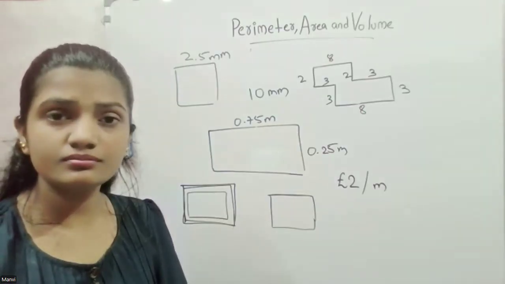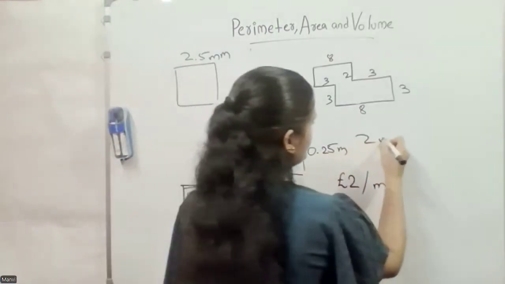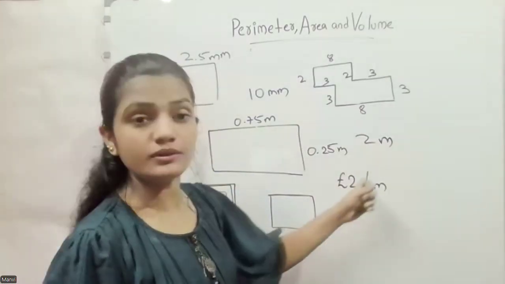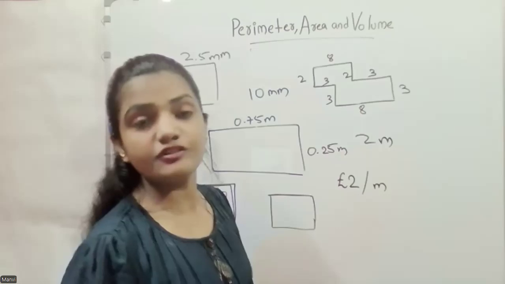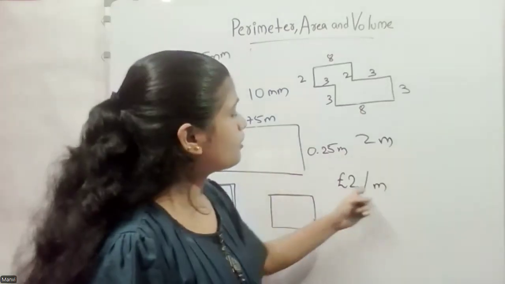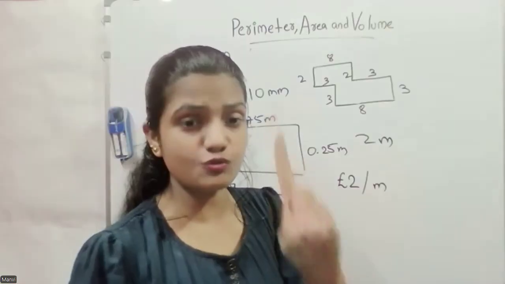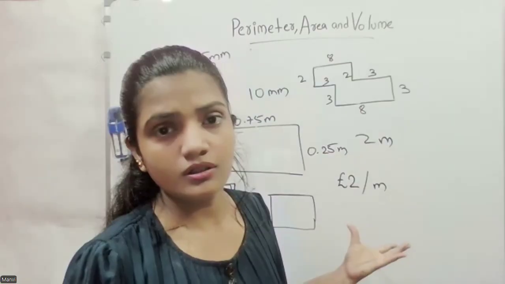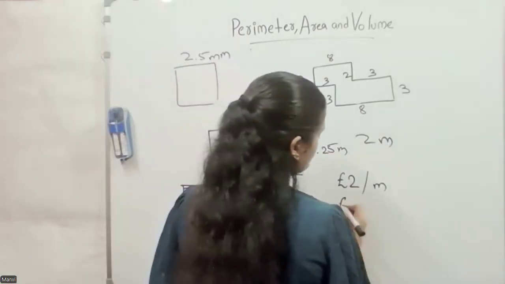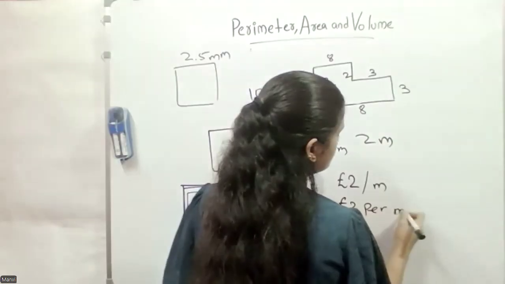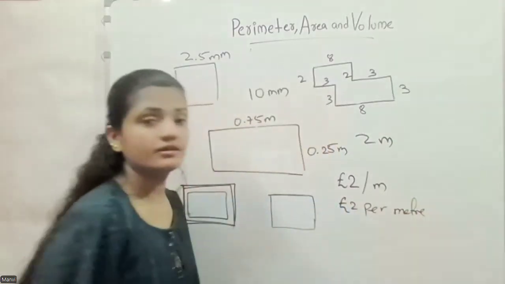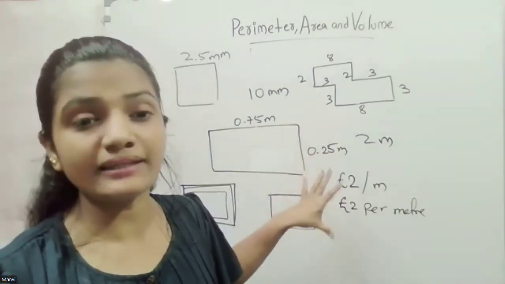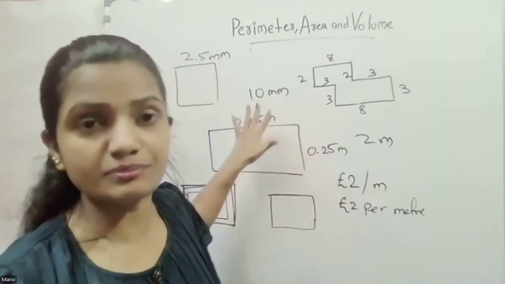So the perimeter of this shape is actually what? 2 meter. Yeah, 2 meter. And they charge us £2 per meter. What does £2 per meter mean? If they fence 1 meter, we need to pay them £2. This means we need to pay them £2 for 1 meter.